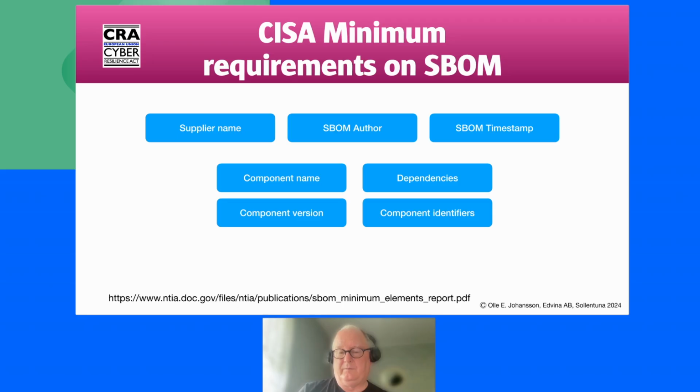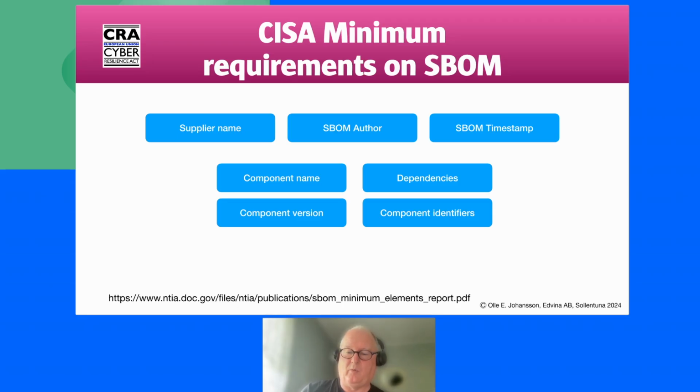An SBOM can contain a lot of different things, but there are minimum requirements. And since we haven't seen the minimum requirements for the CRA, we can only look around and see what other governments are saying. And this is from the US government, minimum requirements on SBOM.